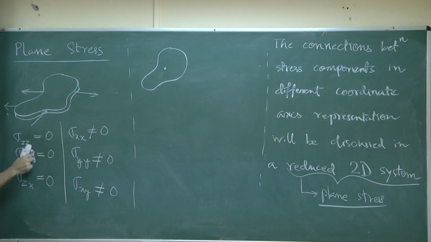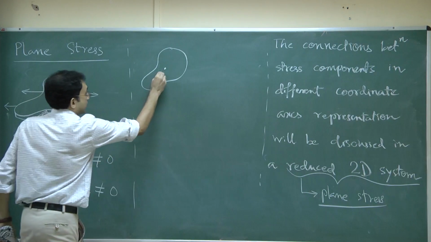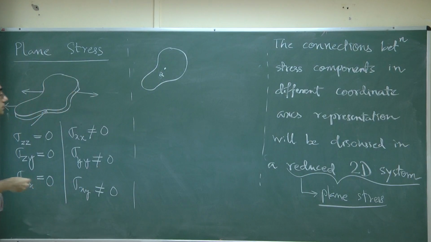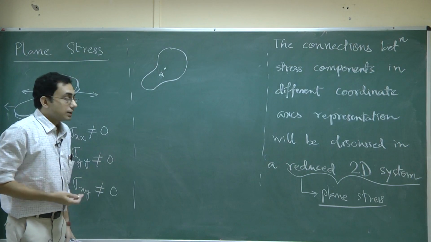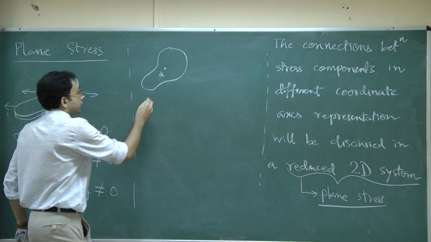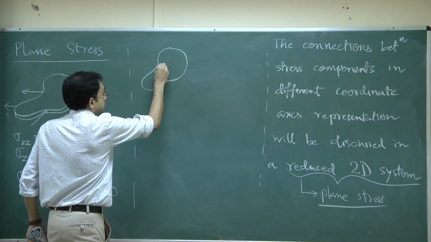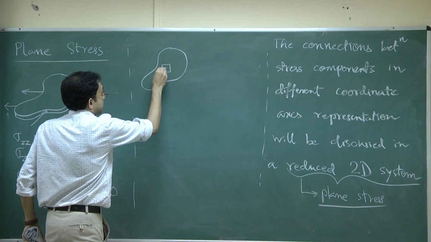Yeah, sure, because we have not discussed that. Okay. So this is some point Q here. Now, just as we had considered the cube around that point Q, we can consider a small area around this.